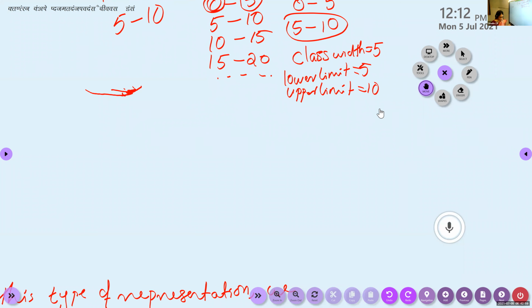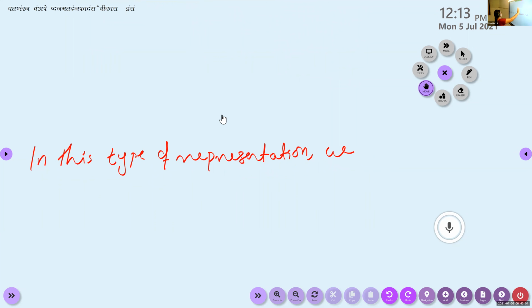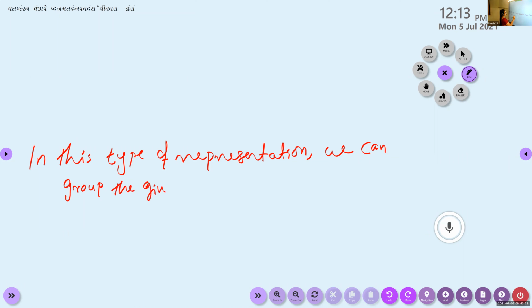Now write what I said. In this type of representation, we can group the given values into continuous classes.